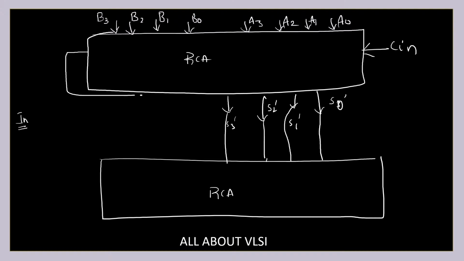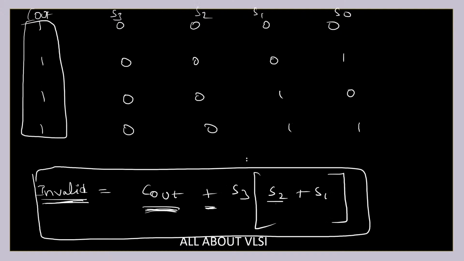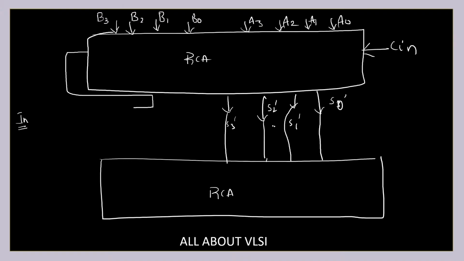I'm going to consider C out OR with S3 into S2 plus S1. And this is my invalid. So invalid will become 1 whenever this equation is satisfied.